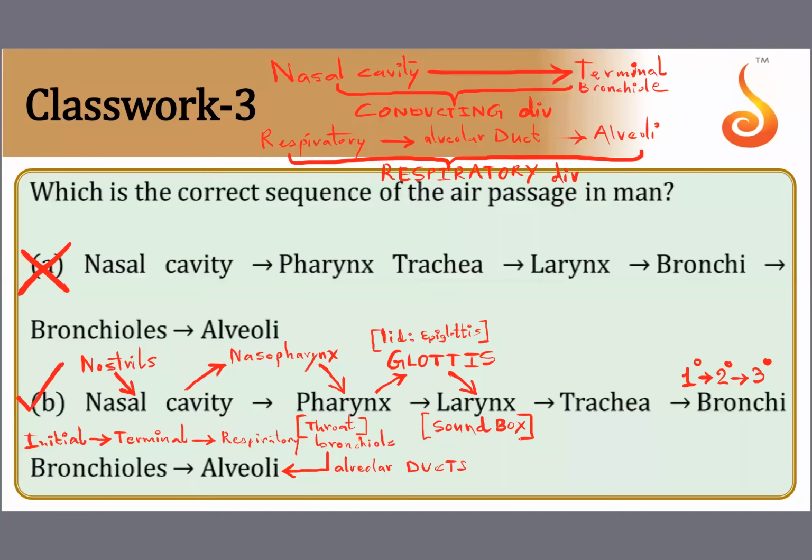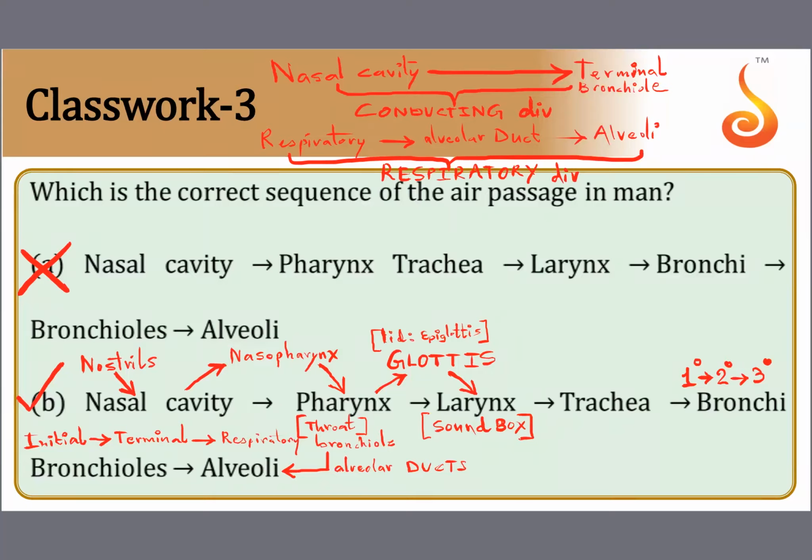It is also good to know that these regions in your respiratory system where there is no exchange of gas are also called dead space. In some books, you will come across this word. They call it the anatomical or physiological dead space. Dead space means there is no gaseous exchange happening over there. That is called conducting division.